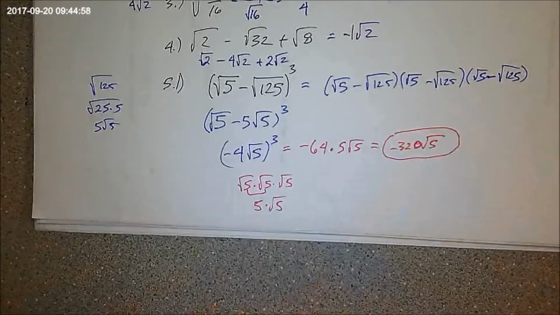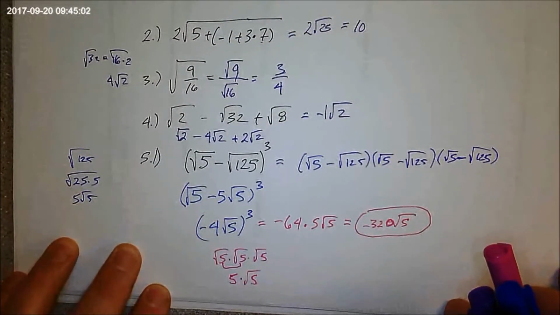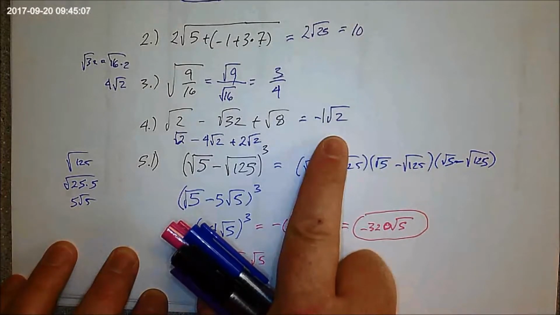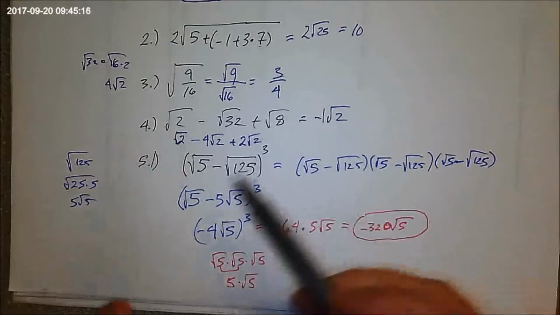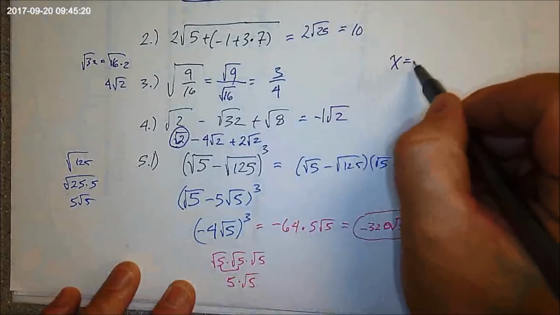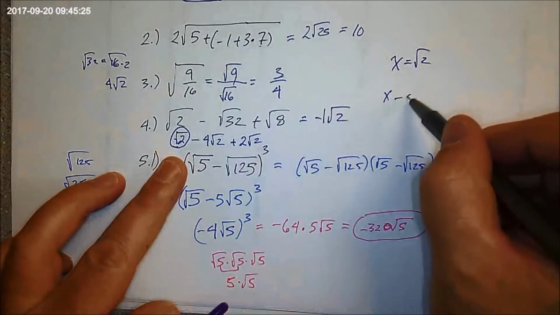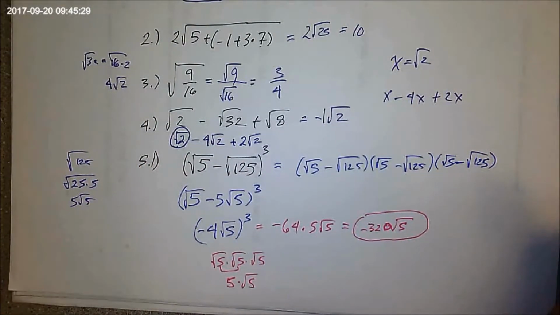Mister, I got a question on 4. Will that be 0? Wait, number 4? Yeah. No, it's negative 1. Wait, it's negative square root of 2. The square root of 2 minus 4 square root, wouldn't that be negative 2 plus negative? Wait, now let's say this. Let's say x equals the square root of 2, okay? So that would be x minus 4x plus 2x.